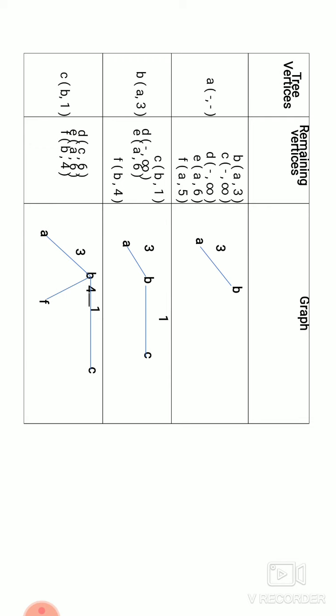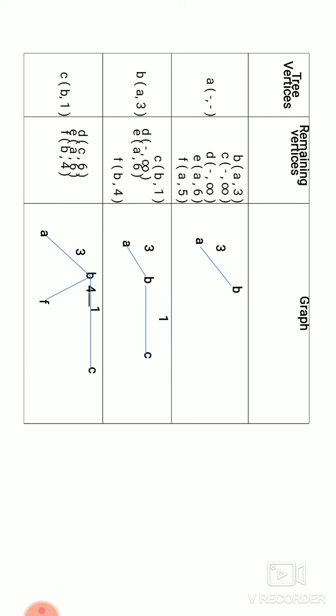You can notice here F could be reached from A with a distance 5. F can also be reached from B with a distance 4. So when I choose the minimum, if I choose the next vertex as F, it would be better for me to reach from B rather than A, where A costs me 5 and B costs me 4.